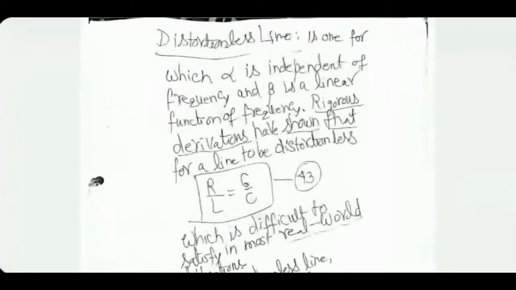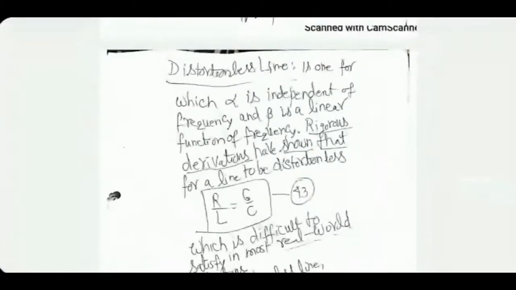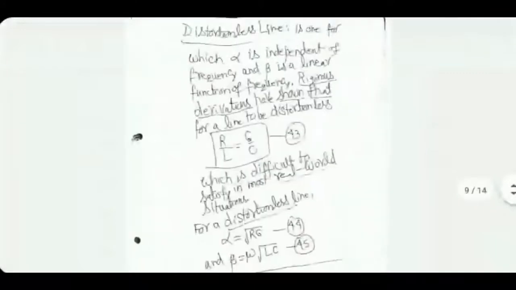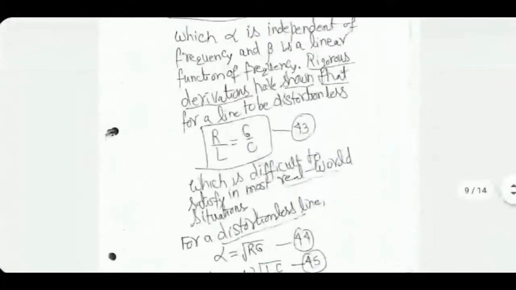If we impose these two conditions on the very definitions of alpha and beta and do some derivations, it is possible to show that the condition to be satisfied for a line to be distortionless is R upon L equal to G by C. I have not done the derivation. You can try it out. Otherwise, we can always revisit this. This is a very important condition for a line to be distortionless.